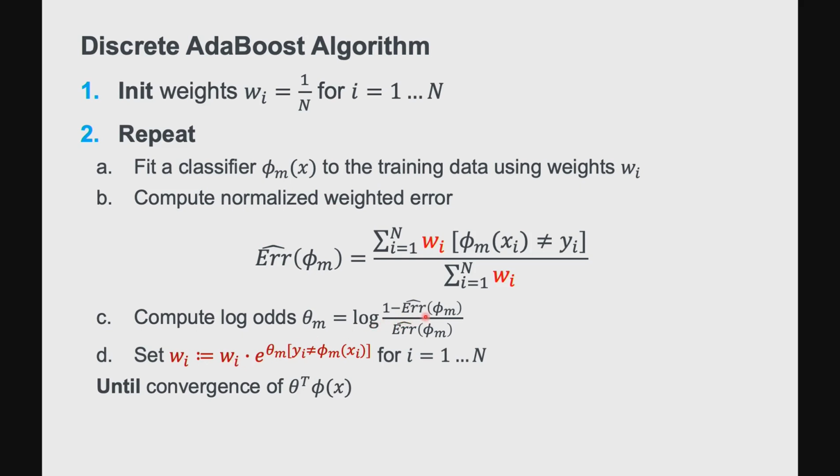And, well, let's assume we are not doing so well. Then this will be a value below 1. If we have many errors, then let's say the error will be closer to 1. Then this will be a small number, and this will be a larger number, and this will be between 0 and 1. And the logarithm between 0 and 1 is, of course, somewhere between 0 and minus infinity.